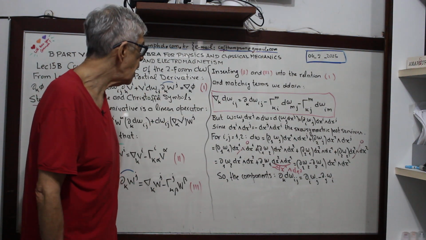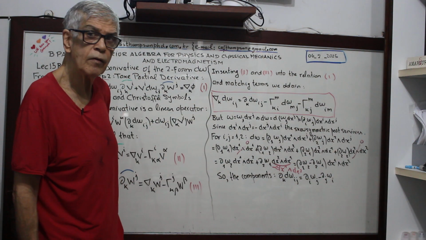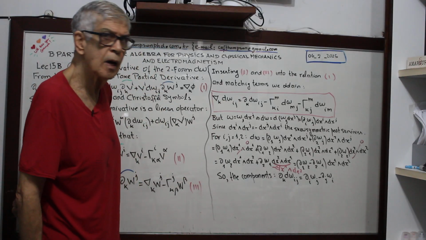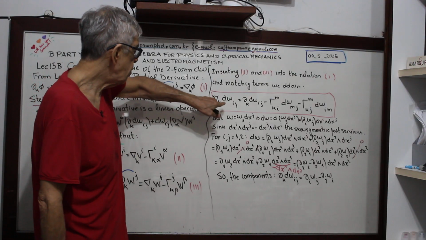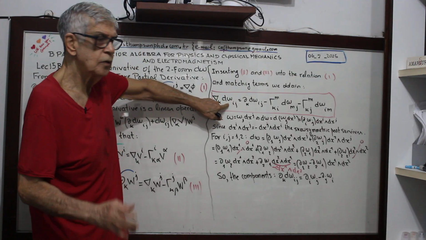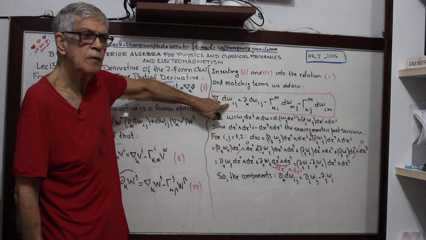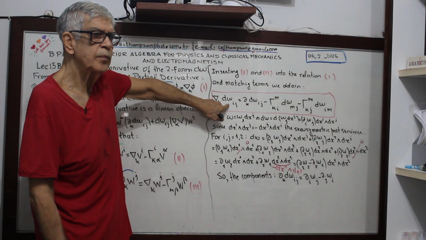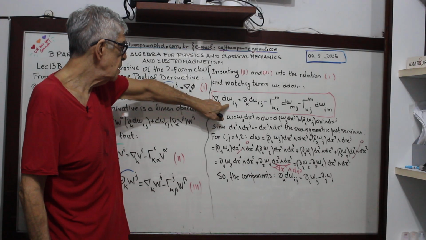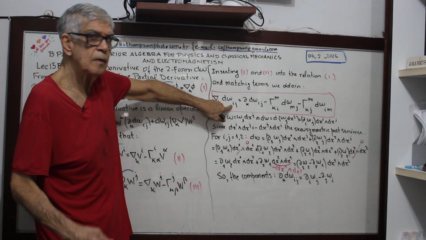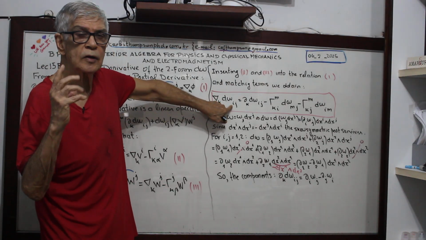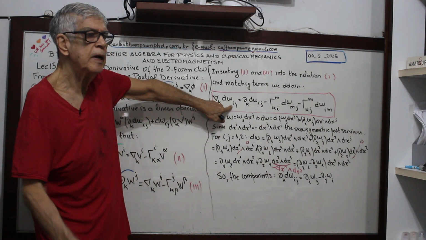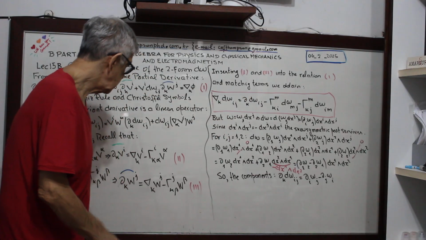That's what I wanted to derive, the covariant derivative of the d omega ij. The d omega ij belongs to the cotangent space, you see. It's important just for you always to remember that. You see, the d omega ij are components of a two form which belongs to the dual space. That's important. That's it.